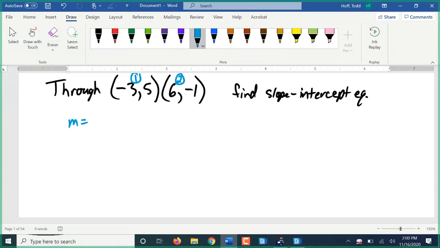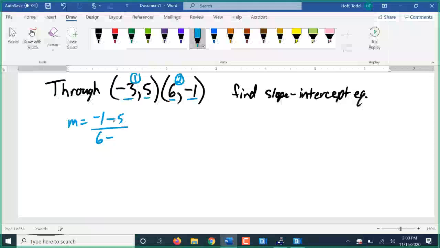Let's take a look. First step here is we have to find the slope. So I'll label my points 1 and 2. My slope will be y2, which is -1, minus y1, which is 5, over x2, which is 6, minus x1, which is -3. -1 minus 5 is -6. 6 minus a -3 is the same as 6 plus 3, which is 9.